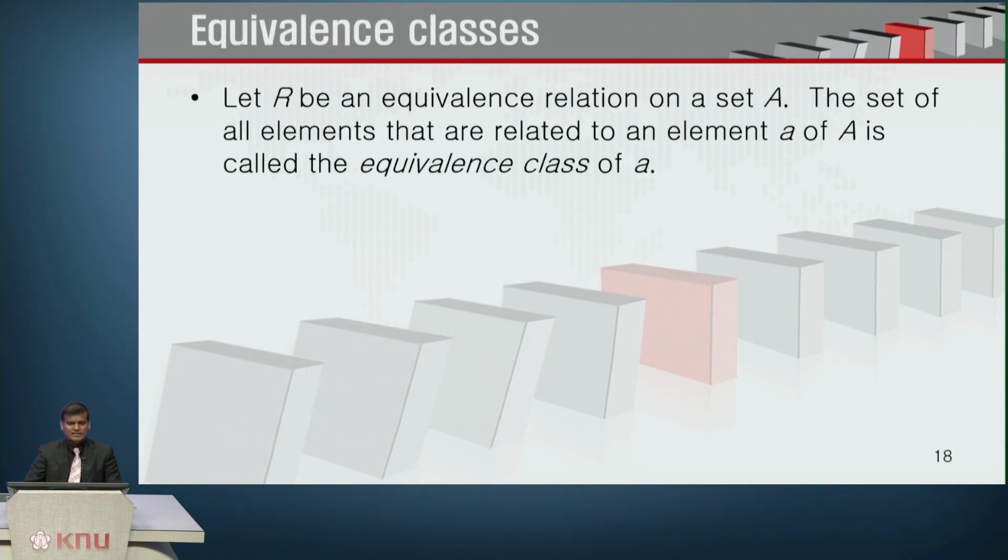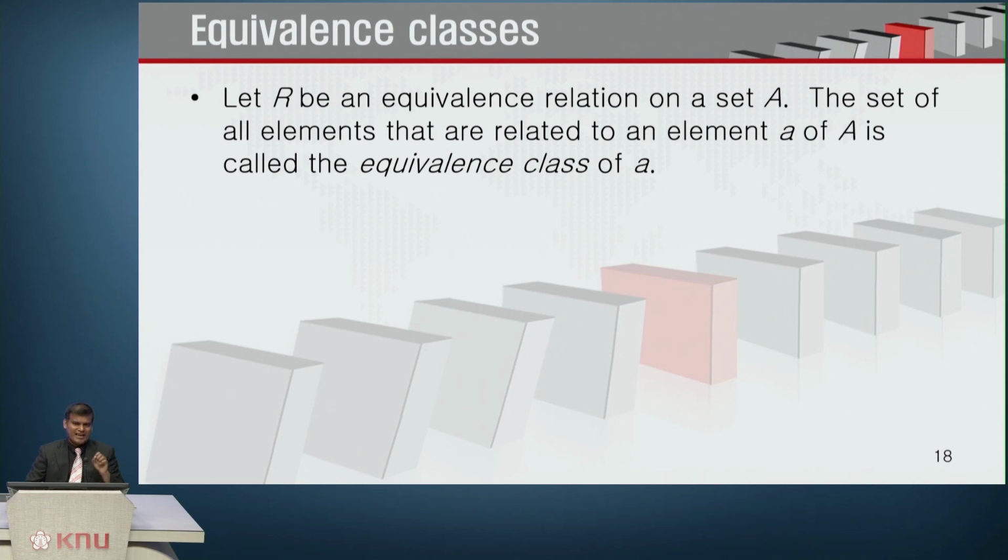When coming to equivalence classes, suppose you have a relation R that is an equivalence relation on set A. The set of all elements that are related to an element a of A is called the equivalence class of a.